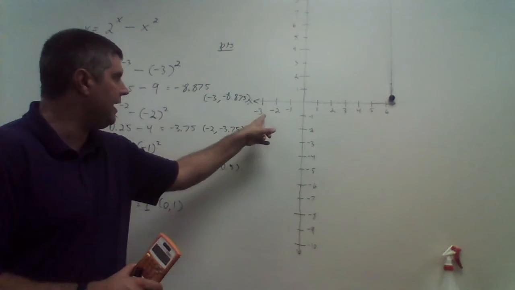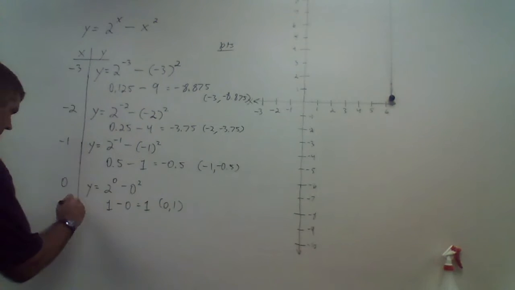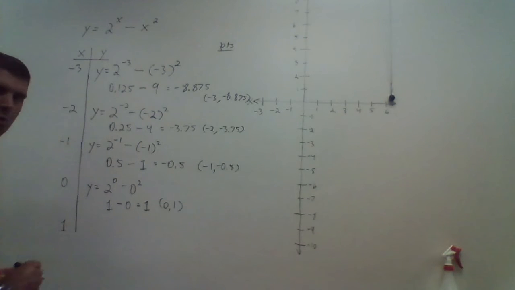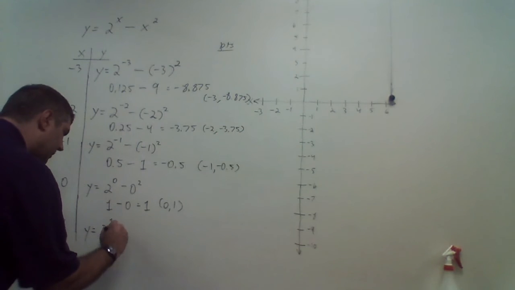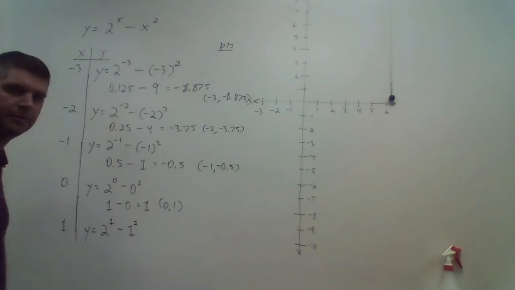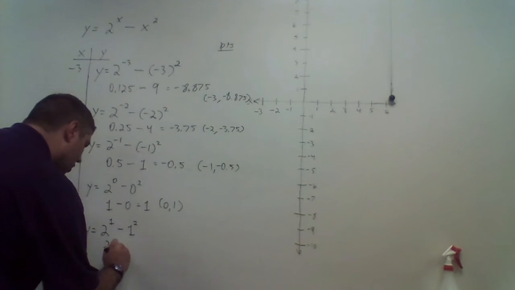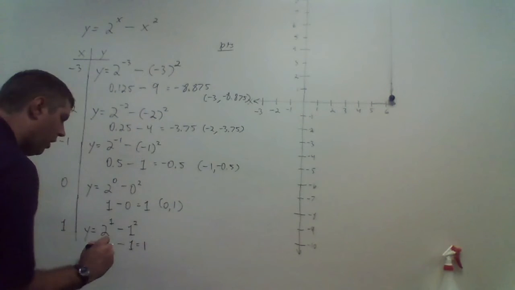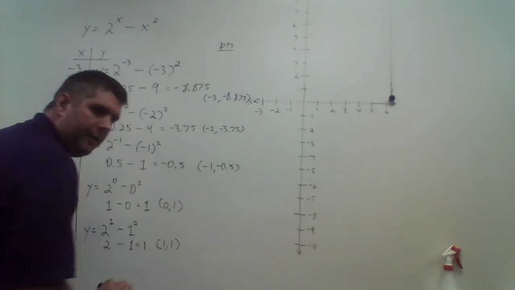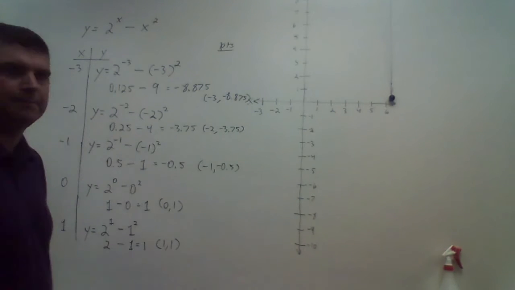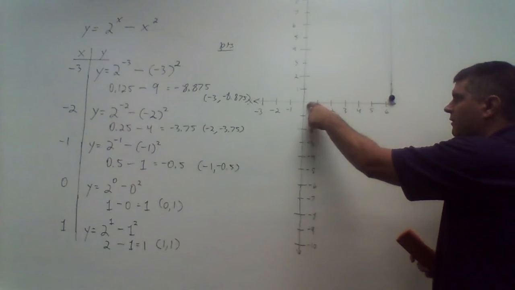Now I will do 1. So x will equal 1. Y would equal 2 to the first power minus 1 squared. 2 to the first power is 2. 1 squared is 1. So 1. So now I have 1, 1.